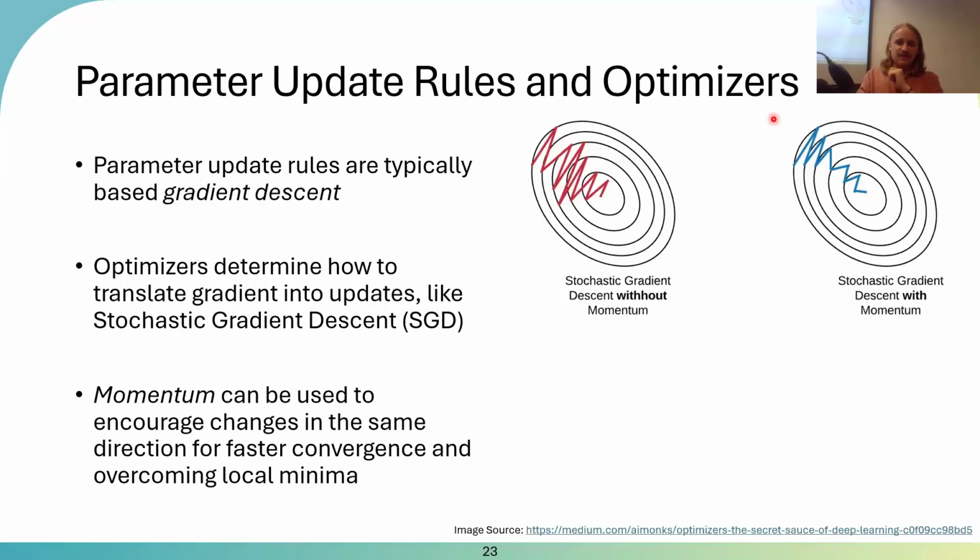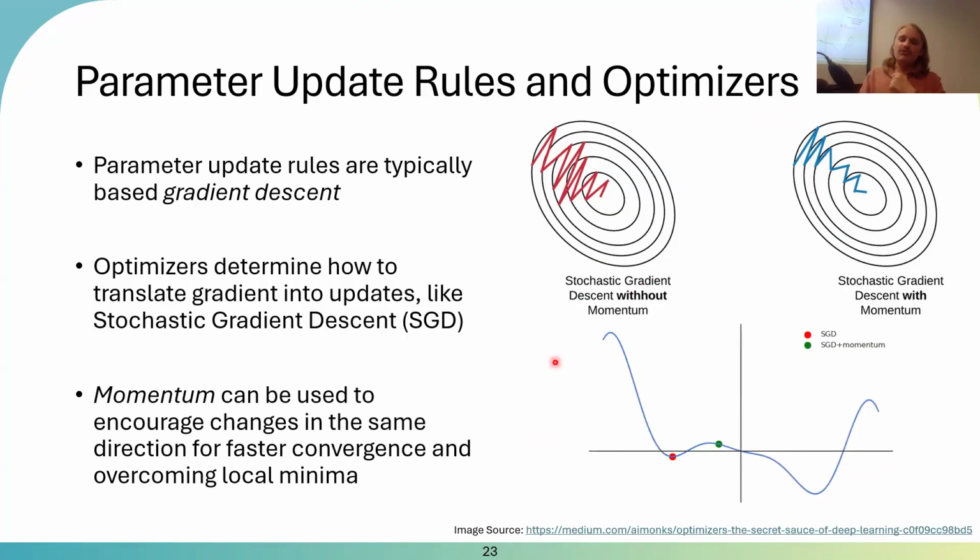There's another aspect that can be very useful. This animation, of course, is at the very end, but once it restarts, momentum can help you get over a local minimum by encouraging you to keep moving forward, because it maintains a component in that direction.